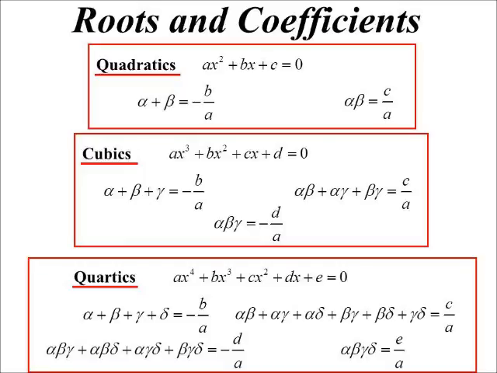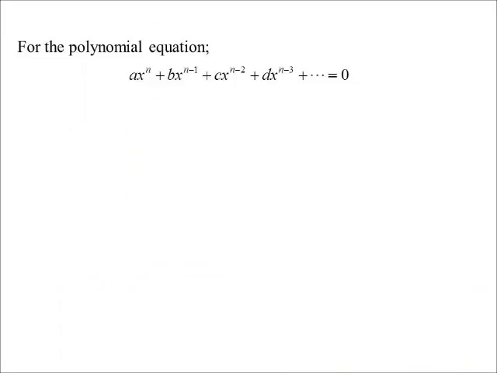Now, quartics is about the limit that we go, but we could keep going. So let's generalise it. Any polynomial, as long as we make that leading coefficient a, and then just keep going down b, c, d, until we run out. The sum of the roots one at a time.